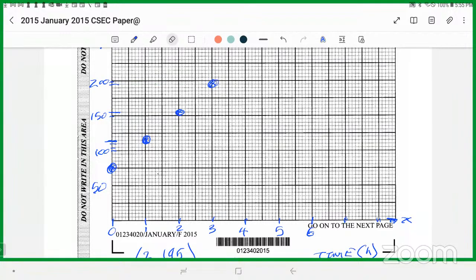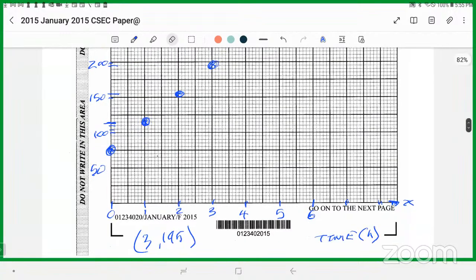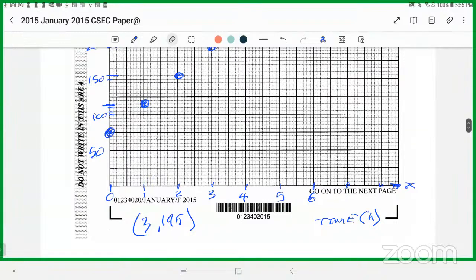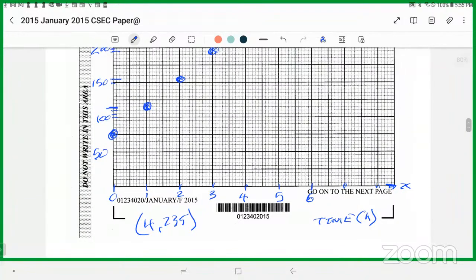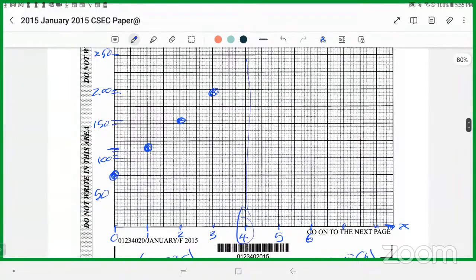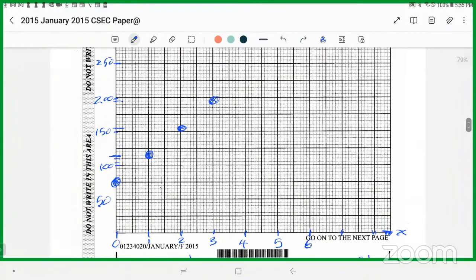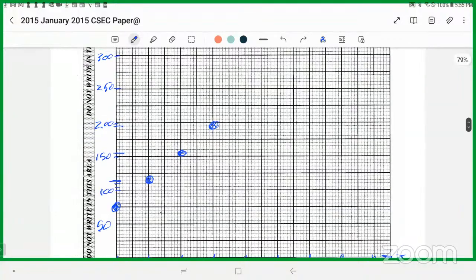That's it. The next point is 4, 235. So we're looking for 4, 235 next. All right, let's see. So the 4 line up here. So we're going for 235. So this is 225, 230, 235 is this line.